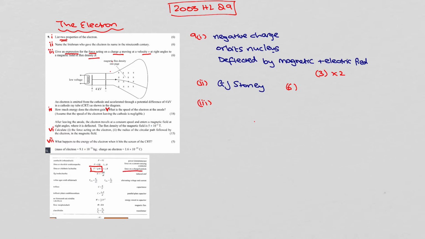So in other words, force on a charged particle in a magnetic field. So we'd say F is equal to QVB. And there were 6 marks going for that. So F is our force, Q is our charge on the particle, V is the speed of the particle, in other words the velocity of the particle, and B is the flux density.